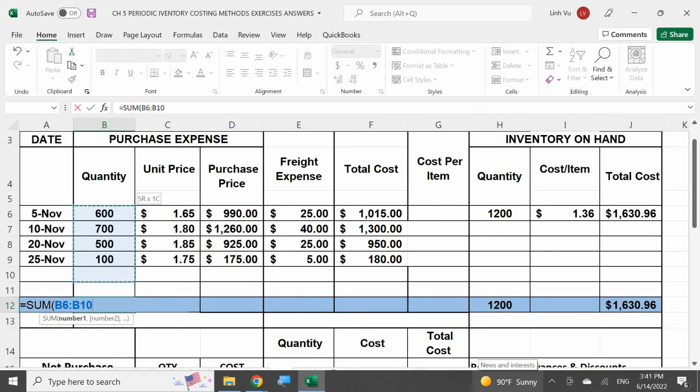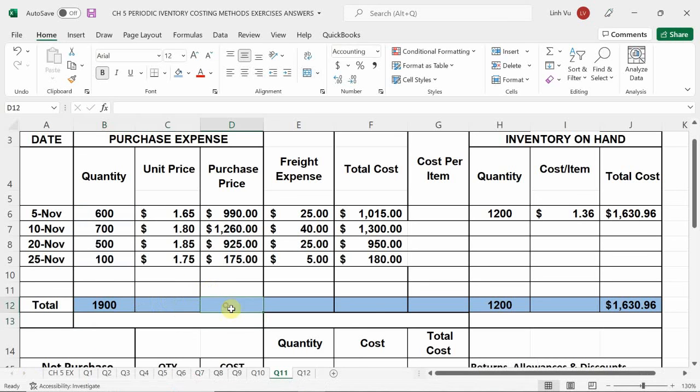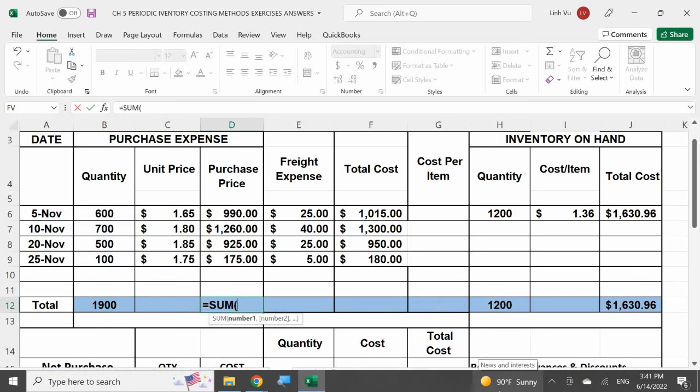So I purchased a total of 1,900 units at a total purchase price of $3,350.